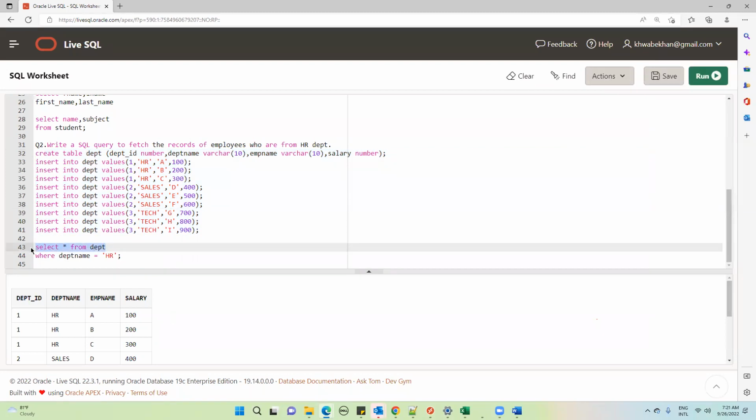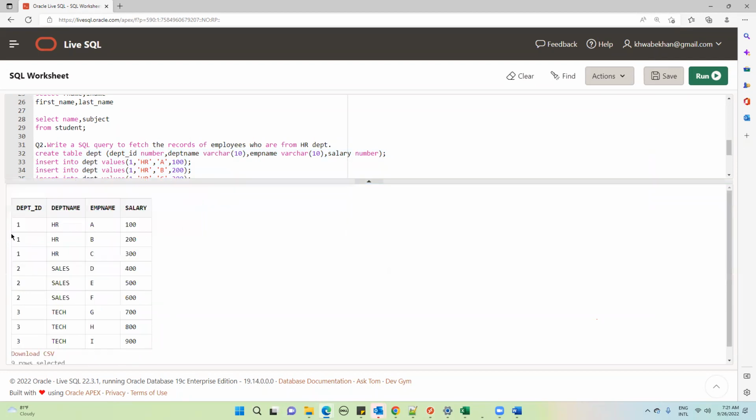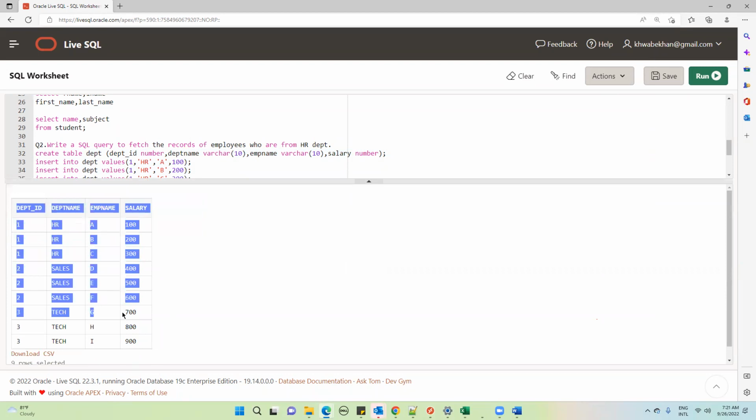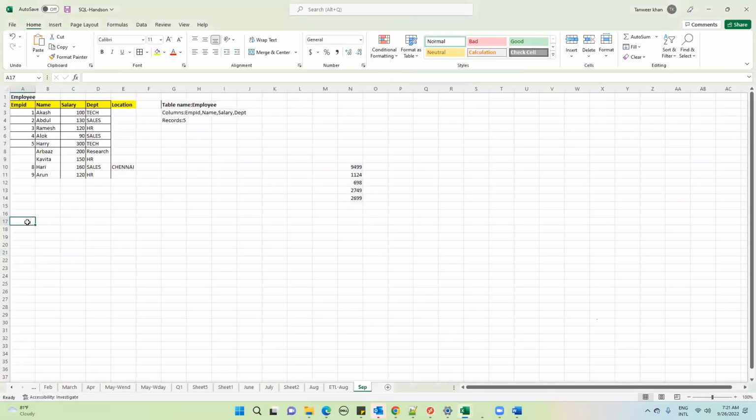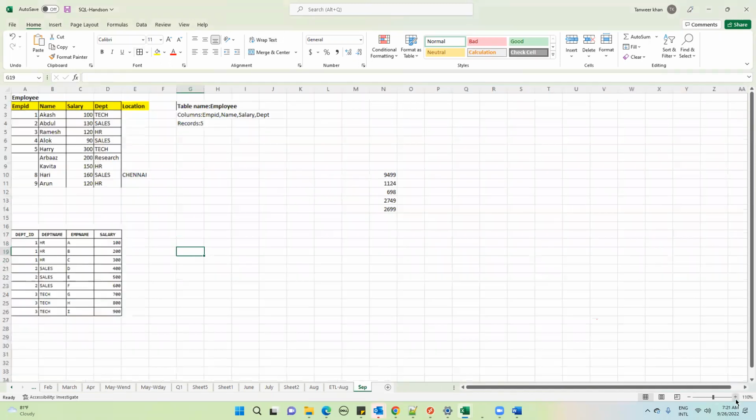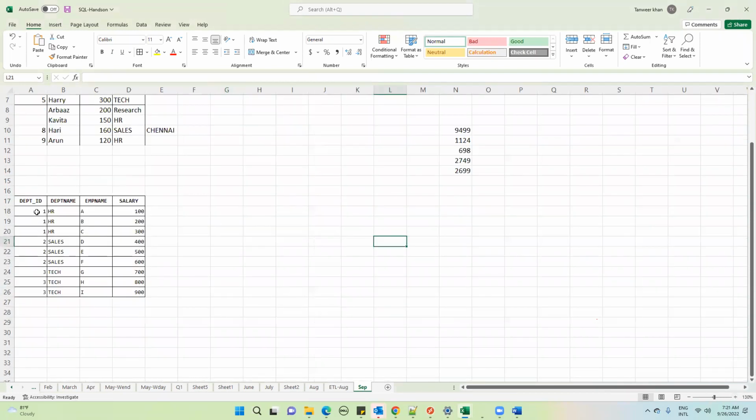Now I will tell you at a very high level. When I start any batch, most of the participants call and ask me, "Tanvir, I know the basics of SQL, but I fail to write complex queries." Many of you have this question, right?